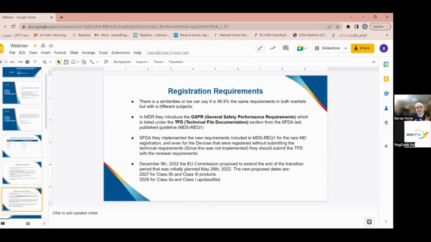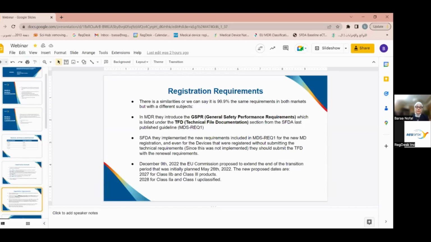So maybe I can say the GSPR is similar to the essential principles section from the technical file, and the technical file includes everything, the GSPR and other technical documentation, because MDR also has a section that includes the technical documentation.